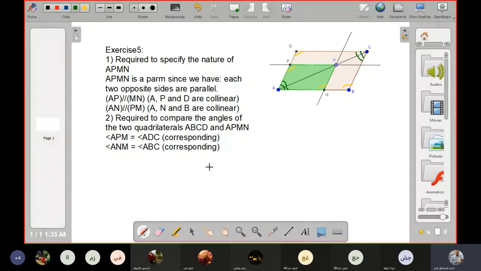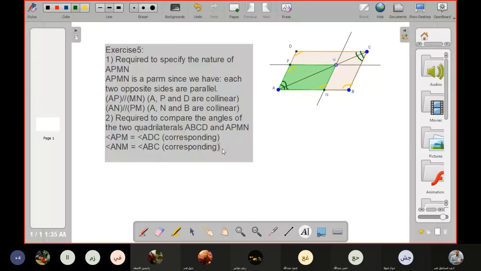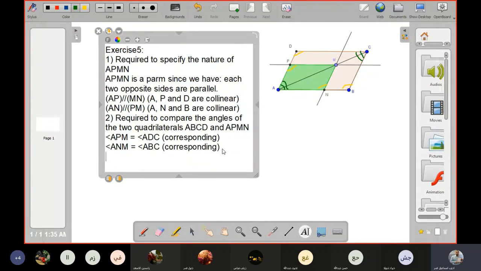So also we have angle DAB or BAD equal to angle BCD. The reason: opposite angles of a parallelogram.